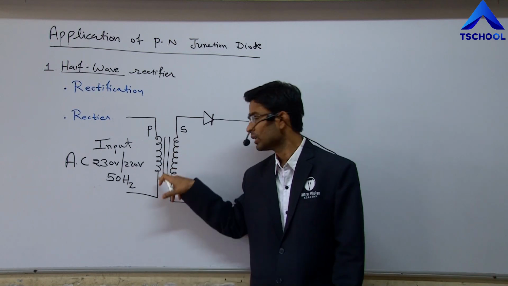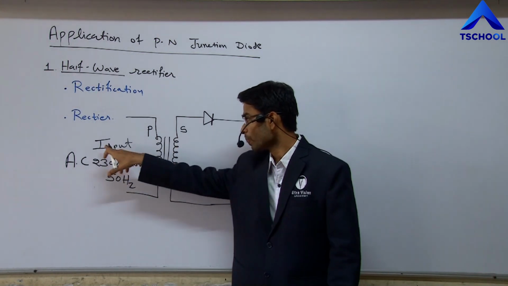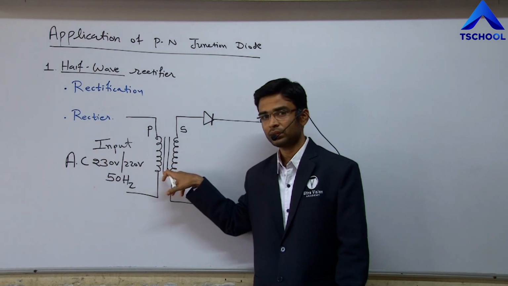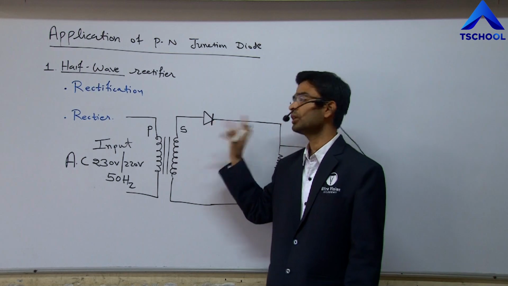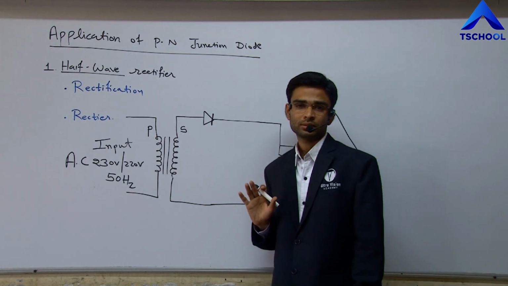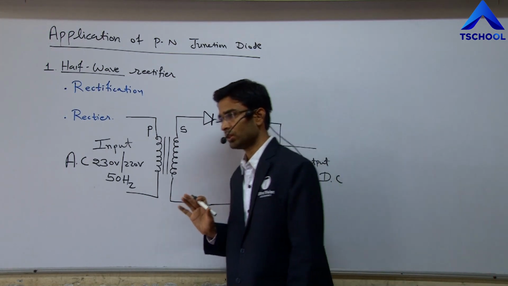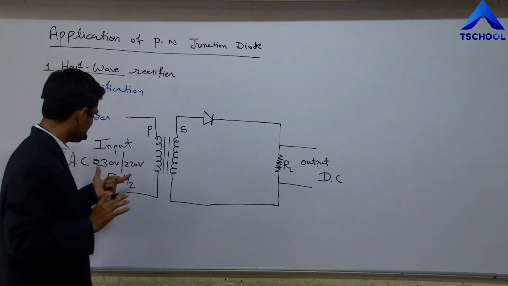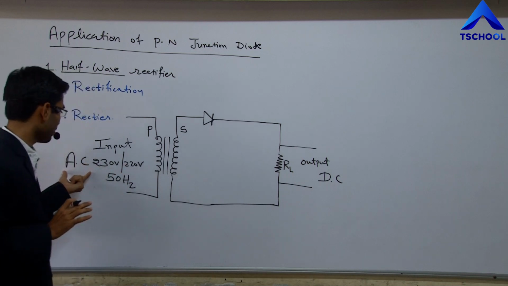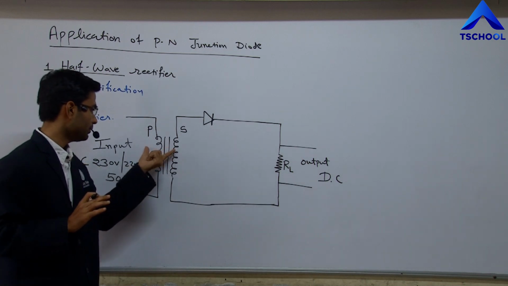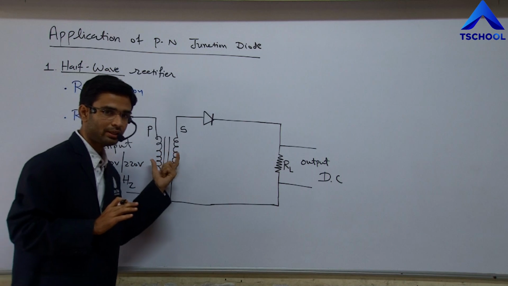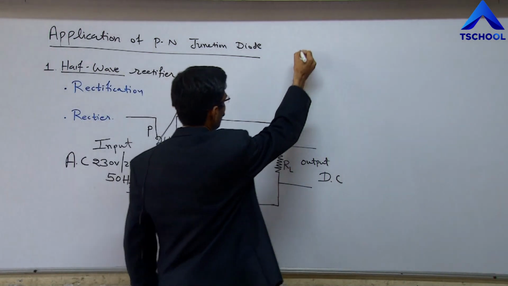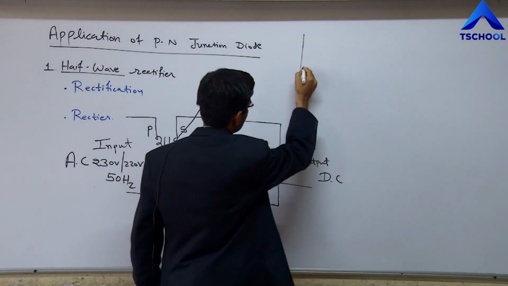That's why the main supply is initially connected to the transformer, and the output of the transformer is given to the rectifier circuit. Now, the input of the primary winding is AC.